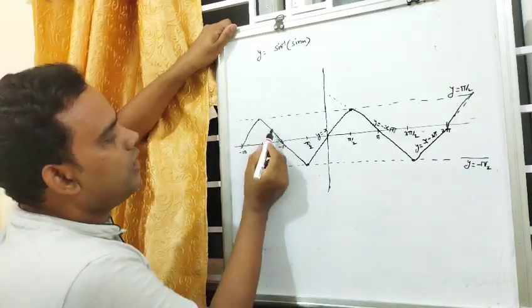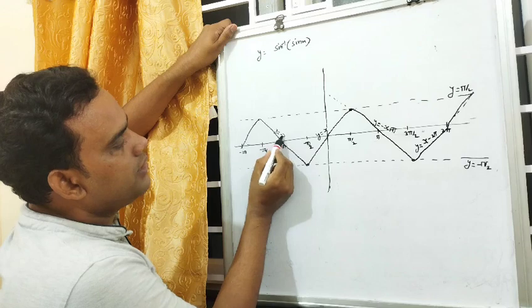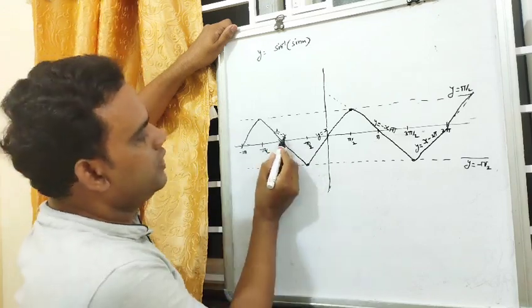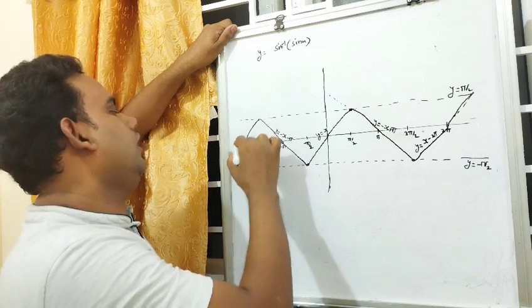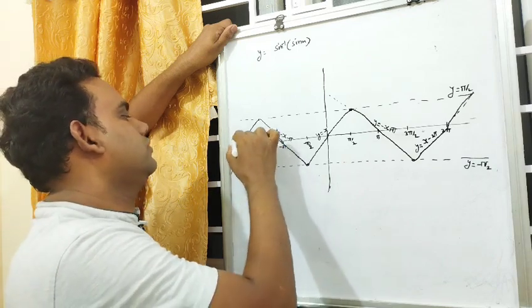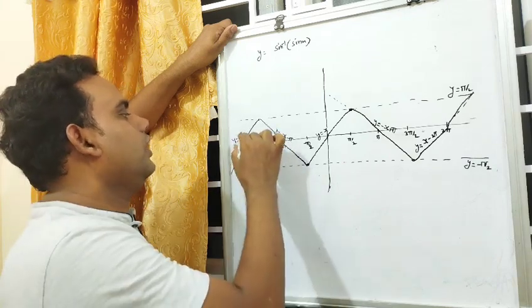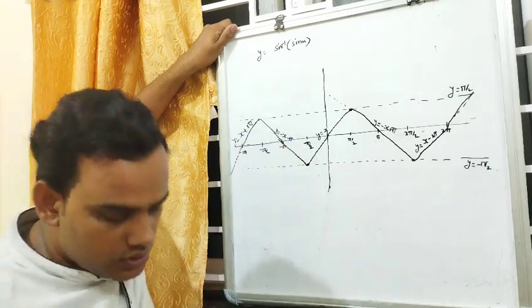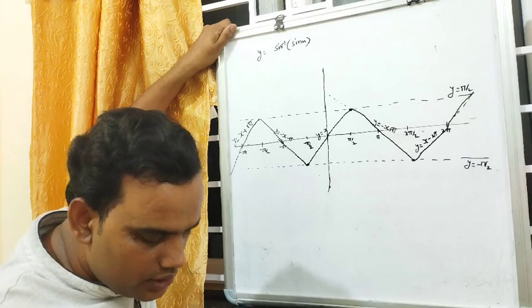Similarly this side y equals minus x, going down to minus pi, and this graph y equals x plus 2 pi. So this is the graph of y equals sine inverse of sine x.